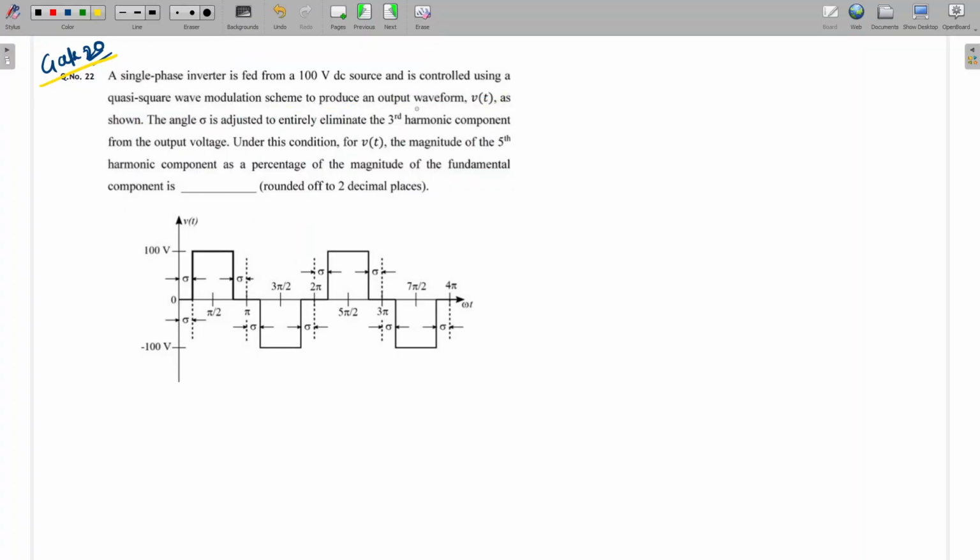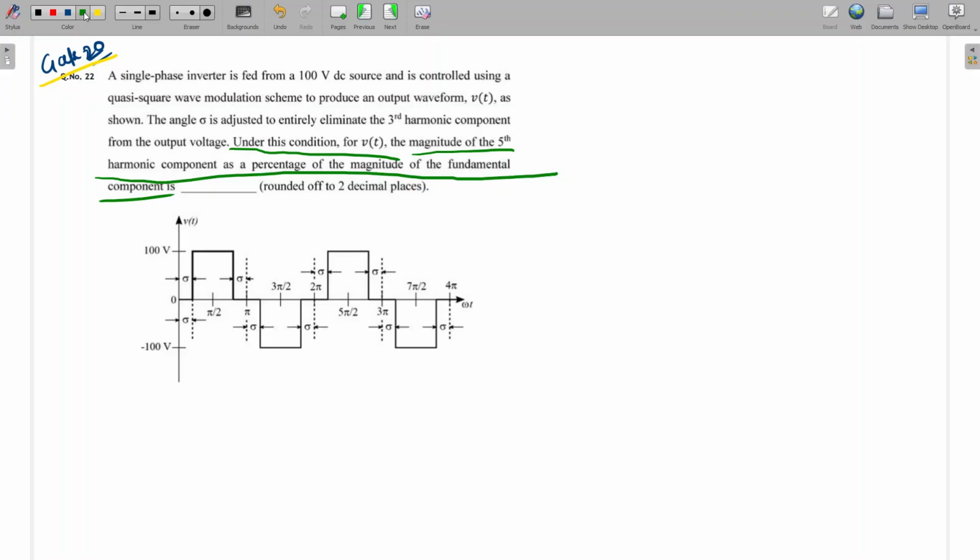Quasi square wave modulation index sigma is adjusted to entirely eliminate the third harmonic component from the output voltage. Under this condition, the magnitude of the fifth harmonic component as a percentage of the magnitude of the fundamental component. So we are eliminating the third harmonic and then we have to calculate the ratio of fifth harmonic to the fundamental.